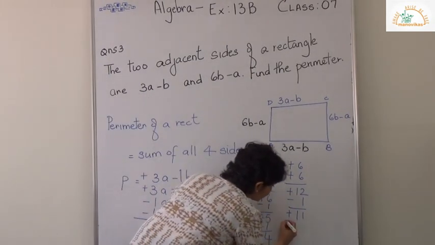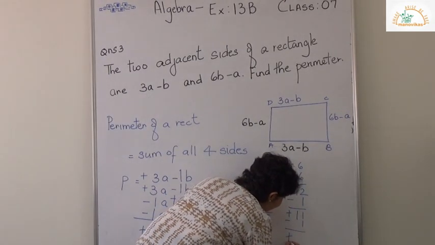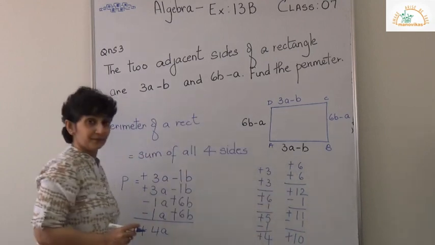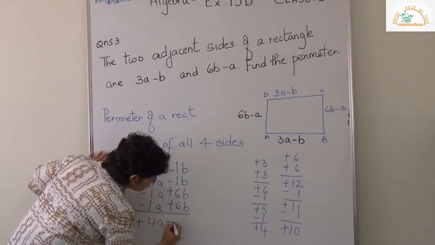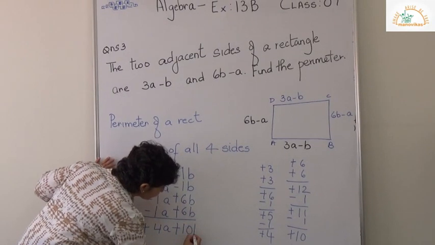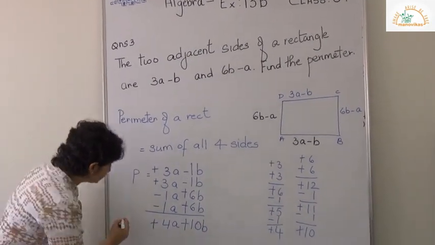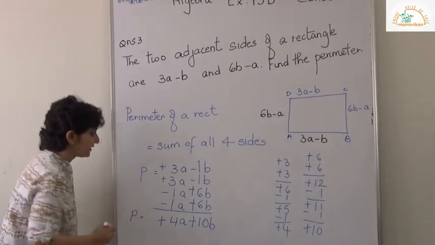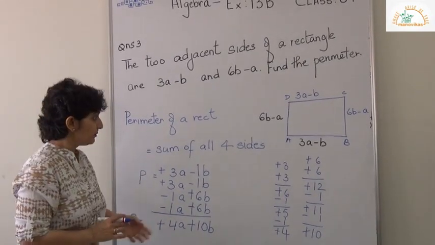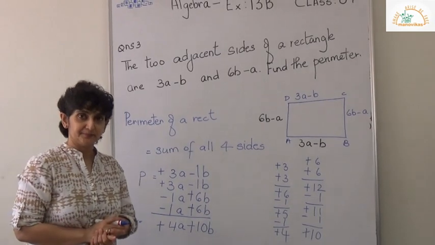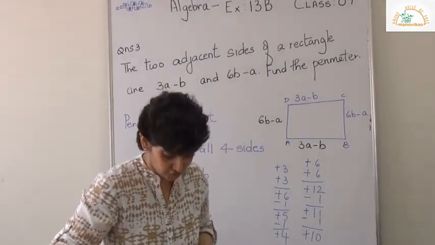And again, another minus 1 would give me plus 10. Have you all understood? So this would be plus 10b. Is that clear, children? So the perimeter of the rectangle is 4a plus 10b. Let's move on to the next question.